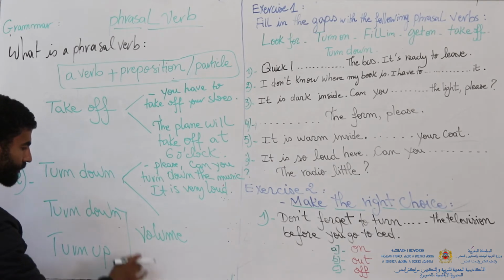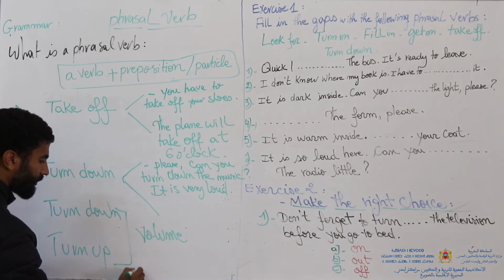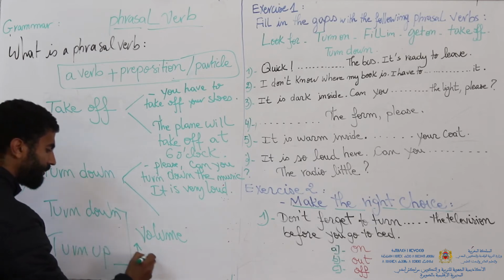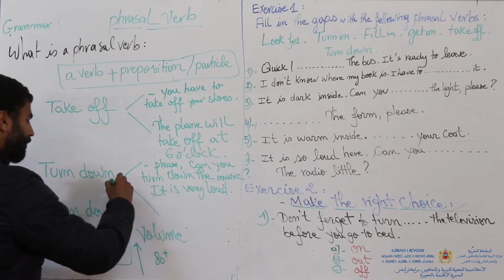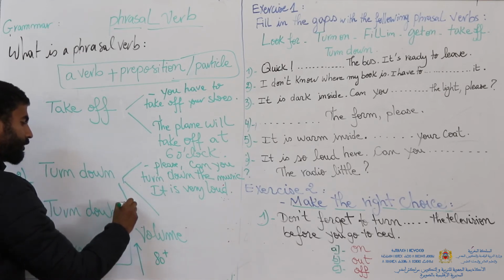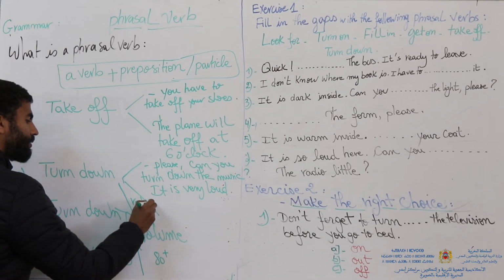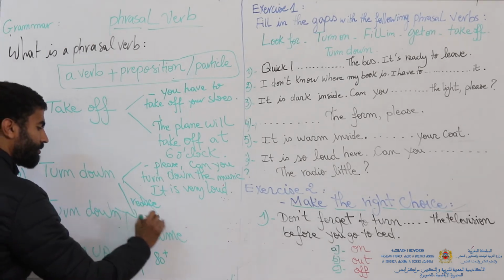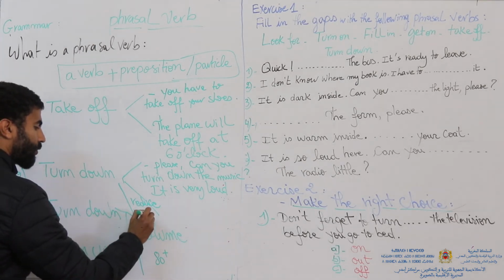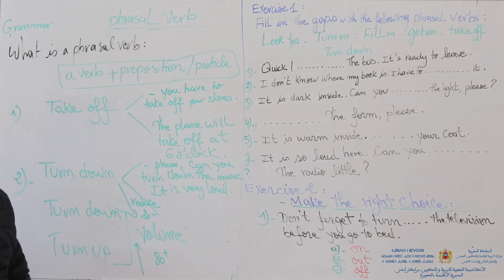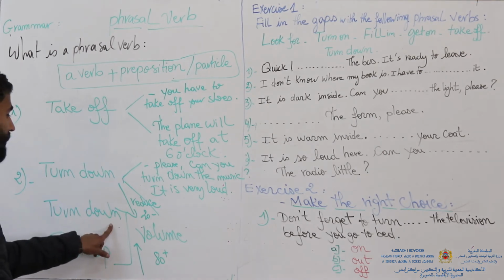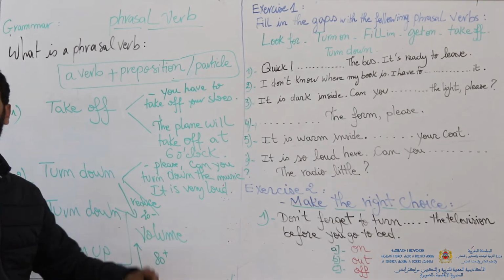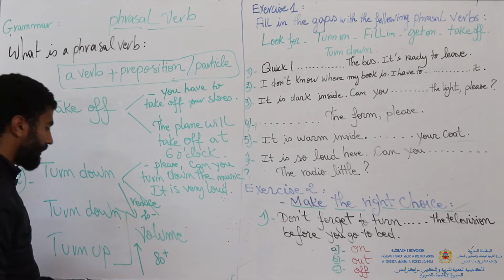Turn up is to increase the volume, for example to 80. Turn down is to reduce the volume, it can be like 20.